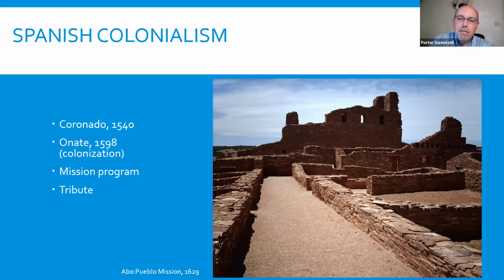And so even in some of the early records, some of the Spanish chroniclers said they grow a lot of cotton, and they weave it into textiles that are finer than those found in Mexico. So they were very impressed by the cotton textiles woven. I'm a weaver, so I kind of have to geek out on this sort of stuff. But those textiles were finer than those found in Mexico.